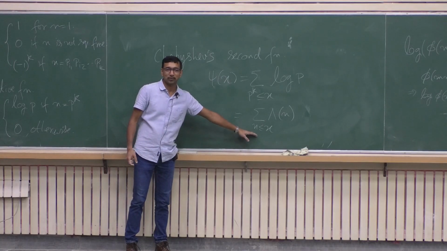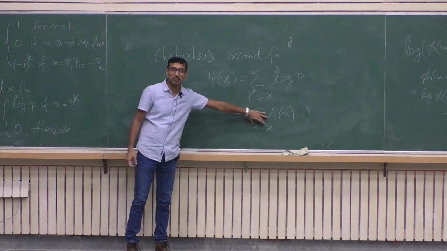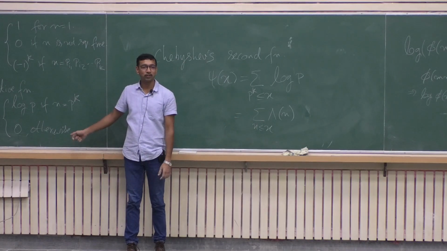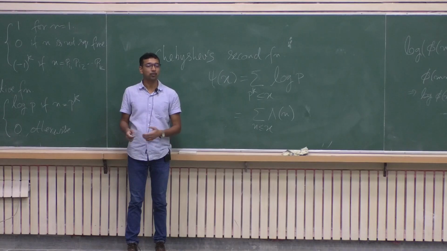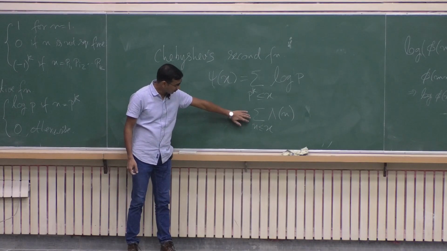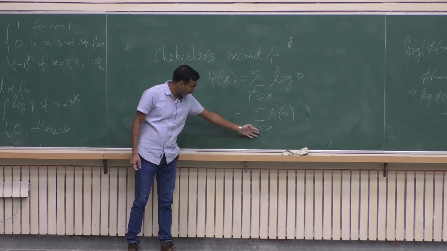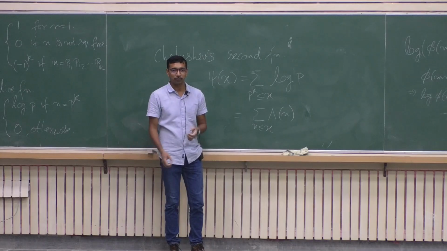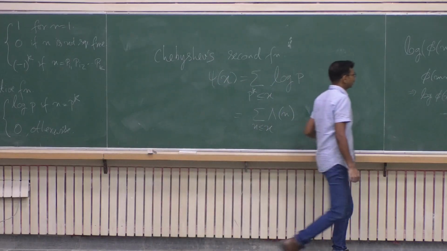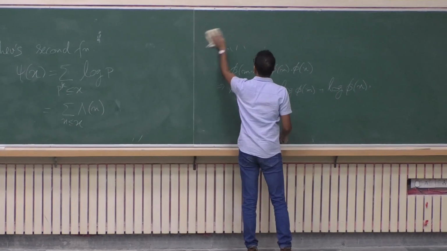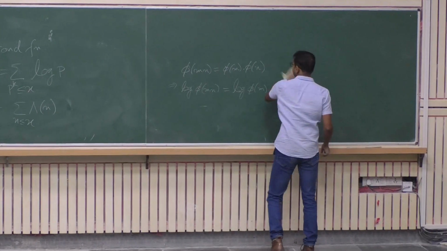Sometimes it will be less than or equal to x, mostly it will be such things. But when we are in the domain of Dirichlet convolution, sometimes this sum will not be over n less than or equal to x, but over the divisors. It will come soon. So once we define the convolution of the functions, let's define it immediately actually.